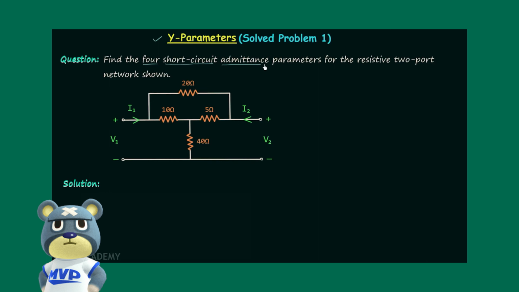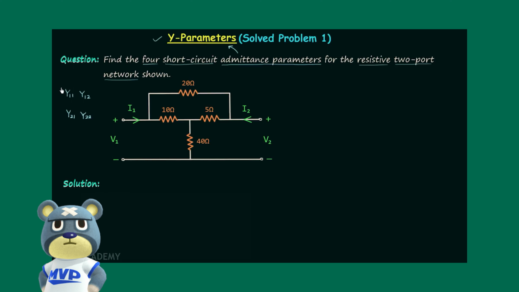So this is our two-port network, and you can see that we have only resistors in this network, and therefore we are calling the network a resistive two-port network, and we are required to find Y11, Y12, Y21 and Y22.